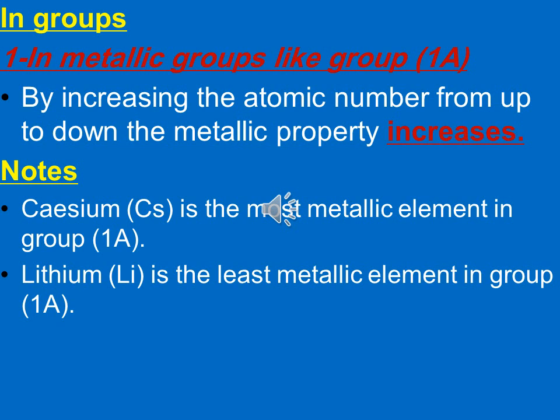Cesium is down in the group and has a larger atomic size and more energy levels, so attraction is decreasing and it's easy for cesium to lose. So the metallic property of cesium is larger than that of lithium. So cesium is the most metallic element in group 1A, and lithium is the least metallic element in group 1A.